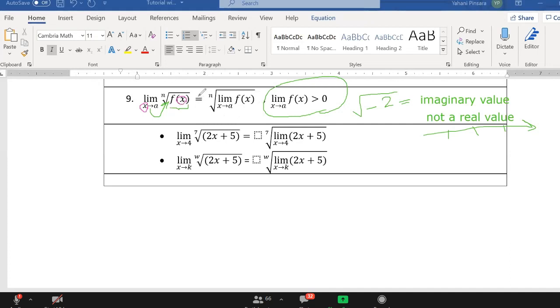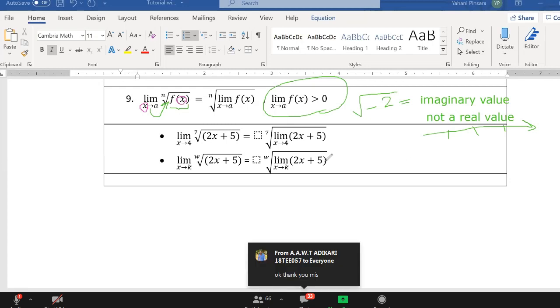So in here, you can take this limit inside the root. In this rule, what we are basically doing is taking the solution by taking this limit inside the root sign. Okay, I think that is clear. If it isn't clear, please go through the video I'm going to share.